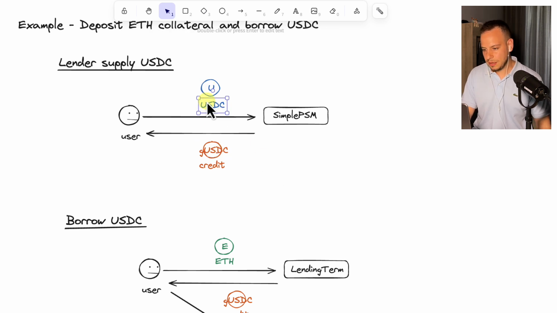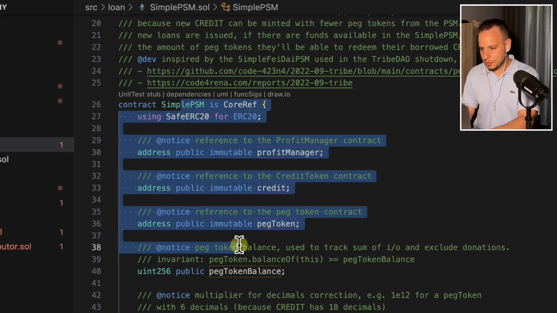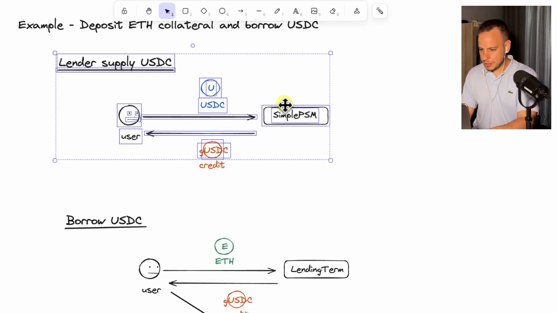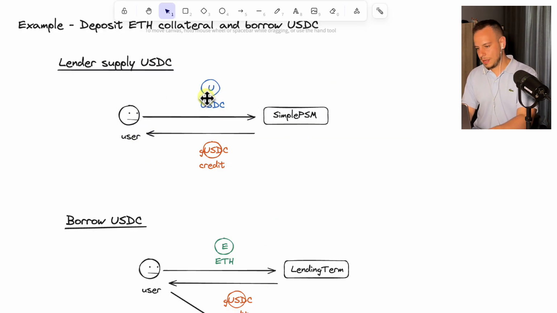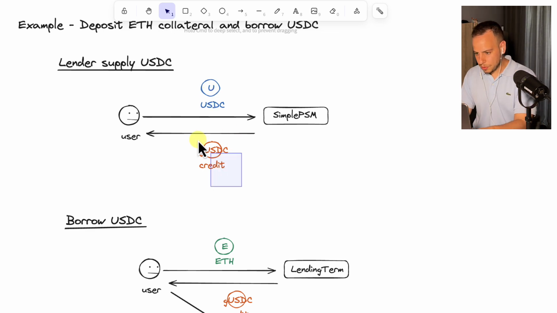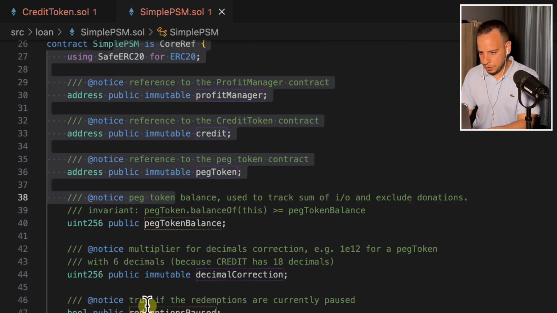If there is ETH, GETH will be 1-to-1 with ETH. That's why it's called Peg Stability Module. So that's about how Simple PSM works. You can deposit and redeem the collateral token and mint or burn the credit token. That's what it does: just minting and redeeming, deposit and redeem, mint and burn.